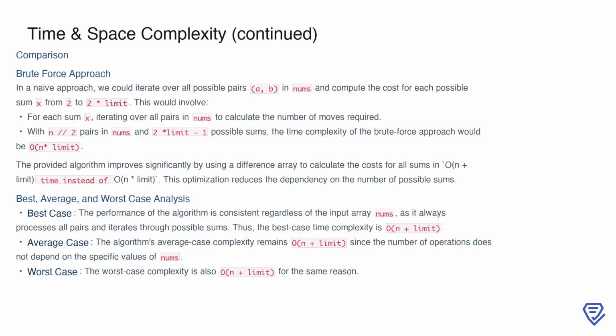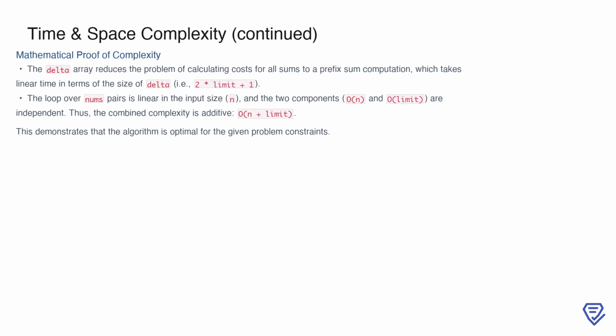Furthermore, whether we analyze the best, average, or worst-case scenarios, the algorithm's performance is consistent. It always processes all pairs in nums and iterates through all possible sums, making the time complexity O(n + limit) in all cases. The mathematical proof of the algorithm's complexity hinges on the role of the delta array.